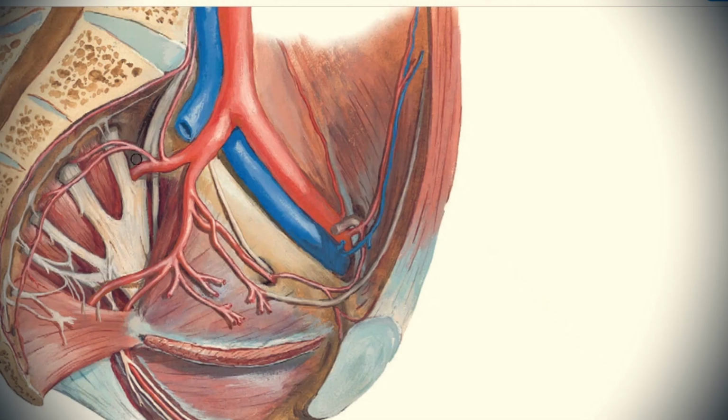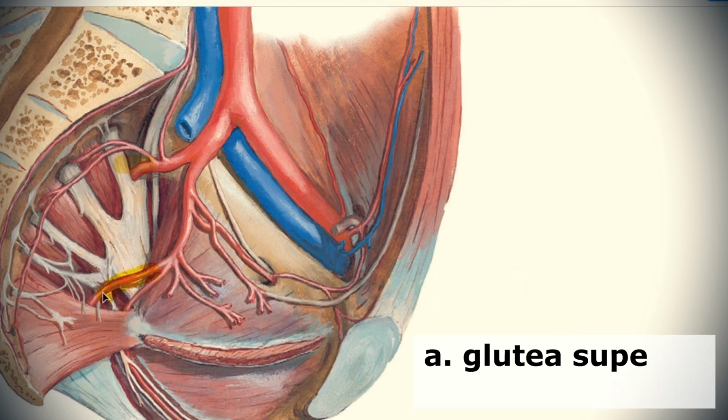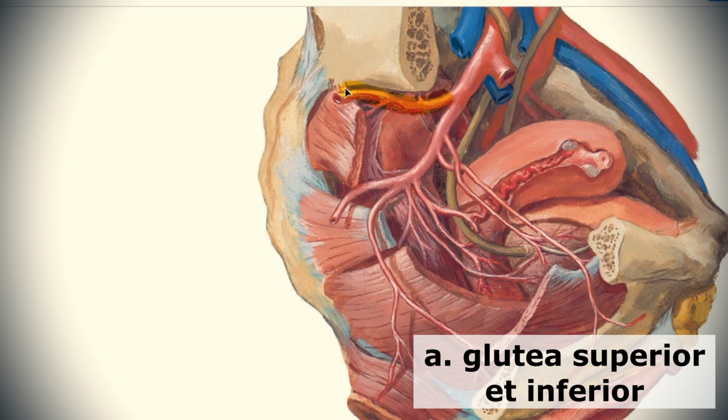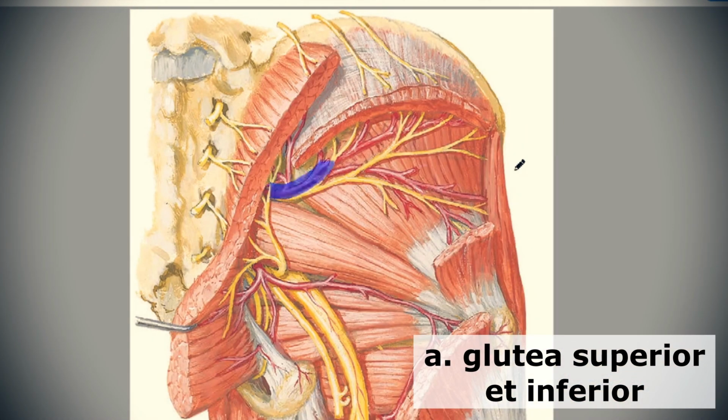Next, superior and inferior gluteal artery, arteria glutea superior and inferior. So superior and inferior gluteal artery go through a supra and infrapiriformis opening. If you talk about superior, arteria glutea superior supplies musculus gluteus minimus, musculus gluteus medius.